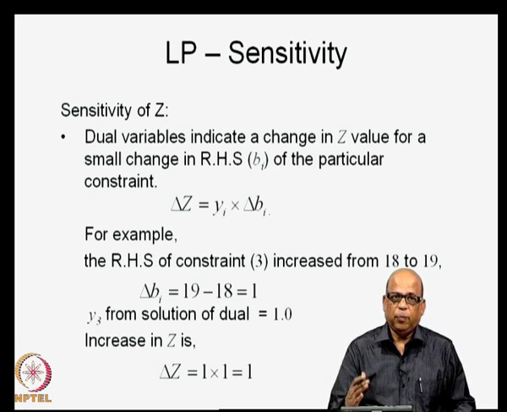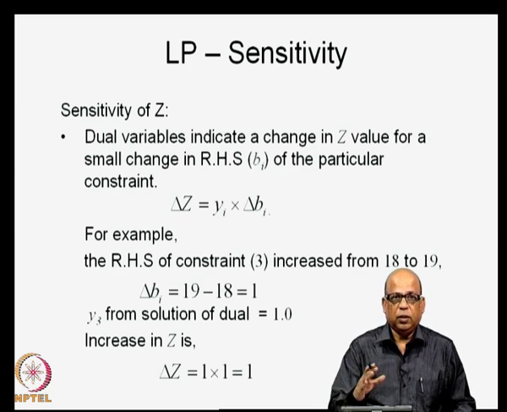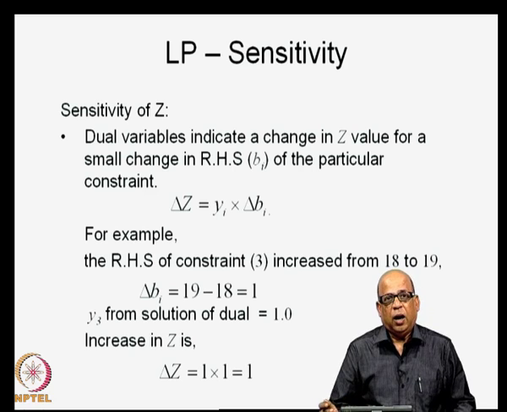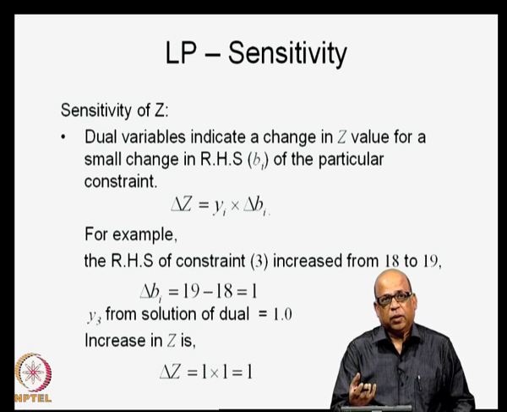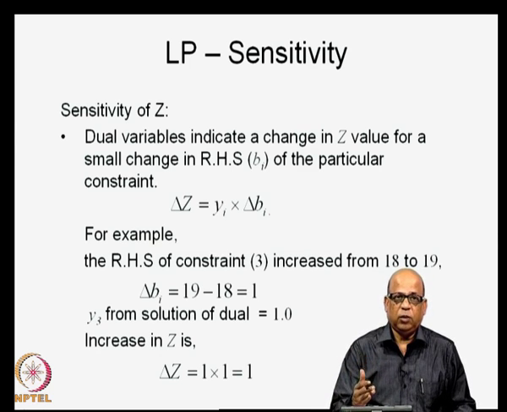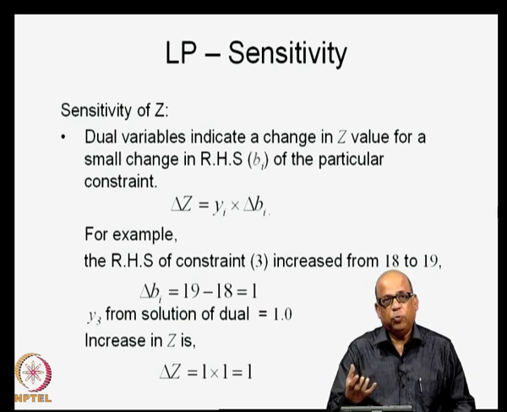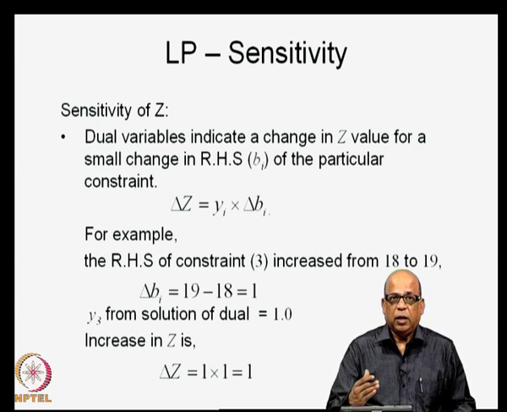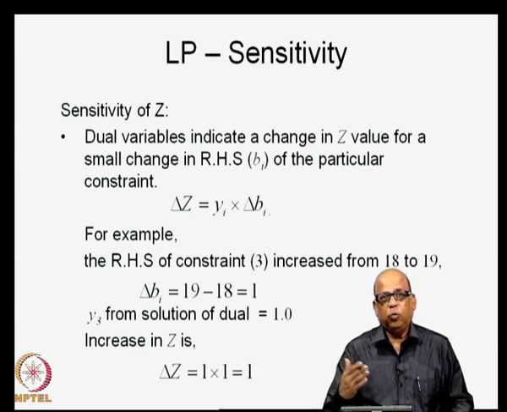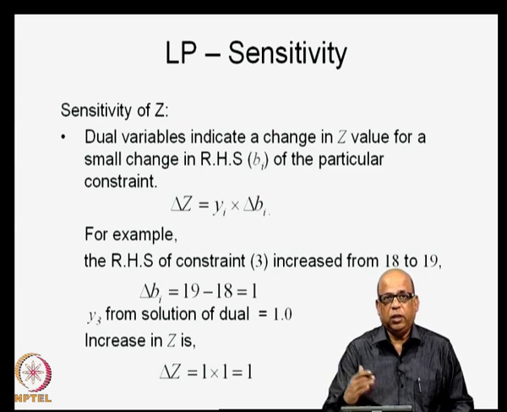Now, this type of sensitivity analysis is extremely useful in practical situations where the size of the LP problems is very large, and we will be interested in answering questions such as, if my resource availability is lowered from what I used in the solution. Let us say my resource availability was 18 units, I make it 16 units, then what happens to the objective function value? How much would I lose? Or if I increase my resource availability from 18 to 20, what happens to the objective function value? It was 36 now, does it go to 40, does it go to 50, and so on.